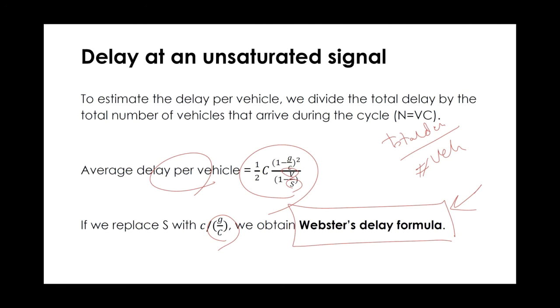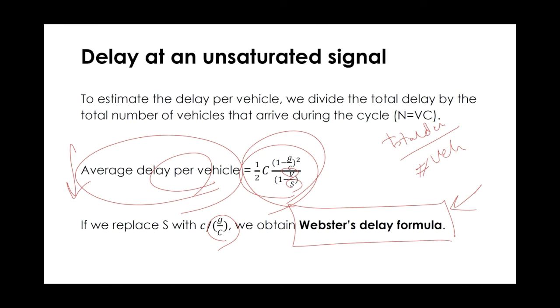So if you want to design a traffic signal that minimizes the average delay per vehicle, we can simply play with the G over C ratios and try to reduce this average delay by just using this little formula. Again, this only is used for specific intersections, very simple intersections.